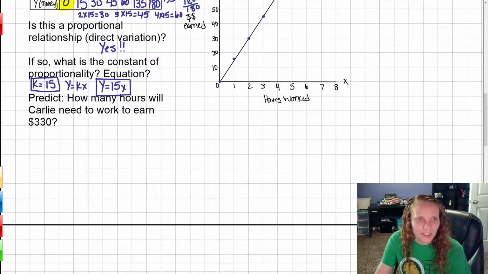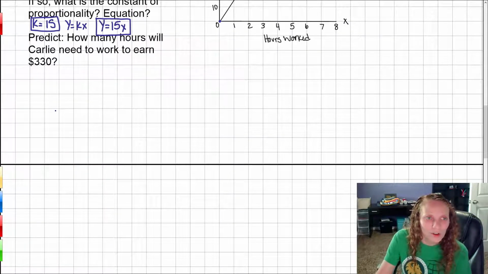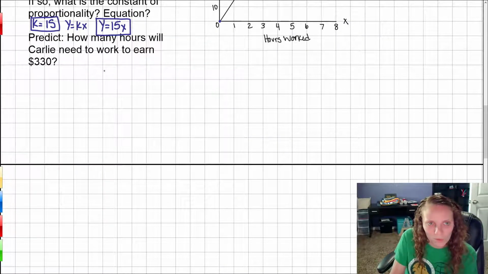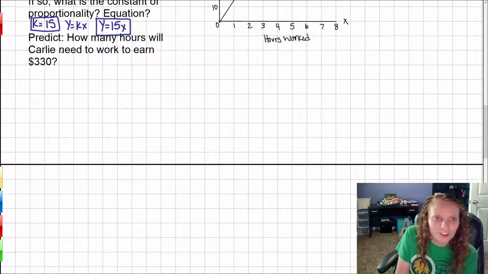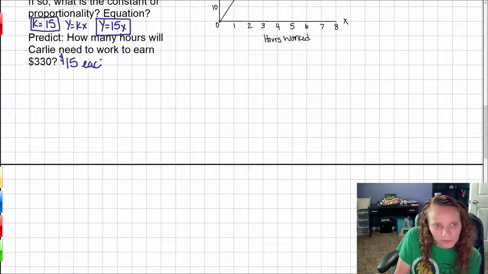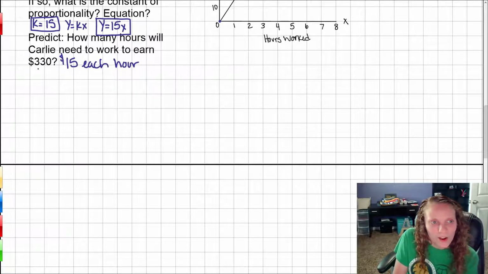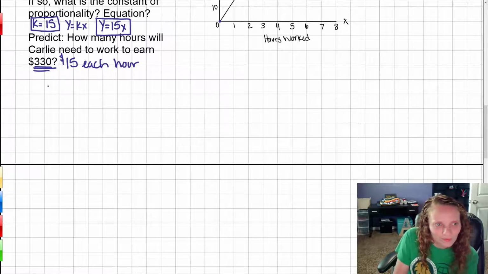And then it wants us to predict how many hours will Carly need to work to earn $330. Okay, so we know that she earns $15 each hour. And so we want to know how many hours it will take to get to this $330. I'm going to show y'all with a proportion.